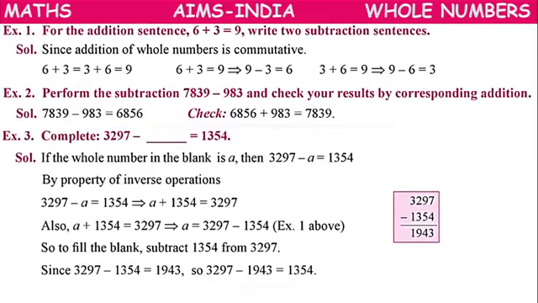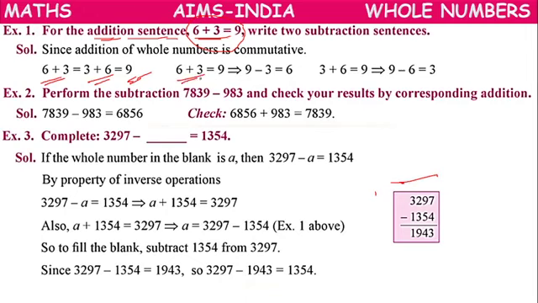Okay. Now let's see some examples. For the addition sentence 6 plus 3 equals 9, we have to write two subtraction sentences. We can write 6 plus 3 equals 9 or 3 plus 6 equals 9. We can write in two ways.